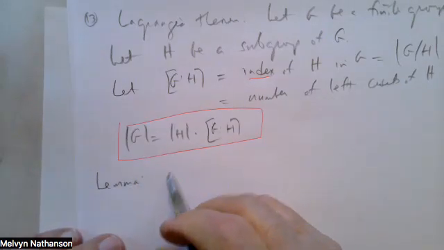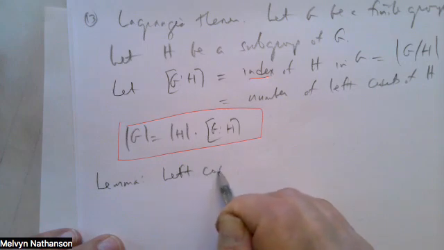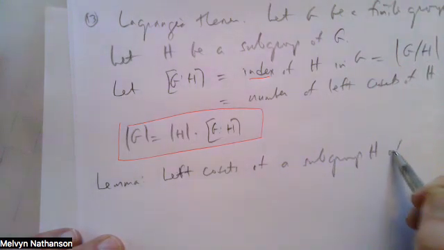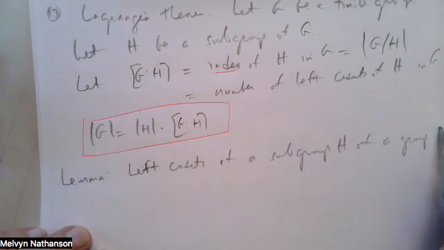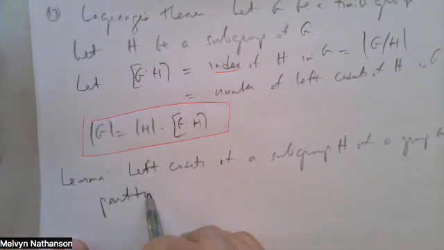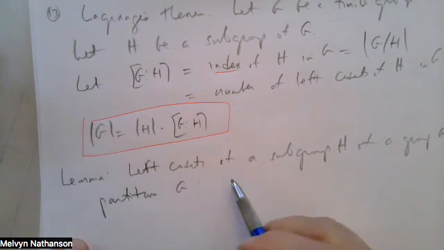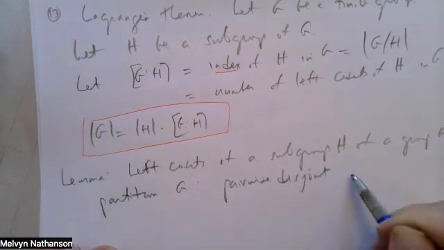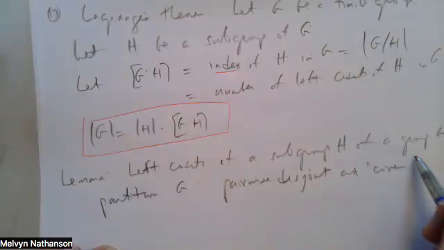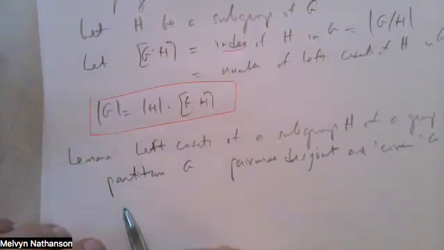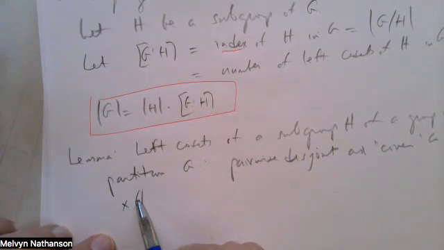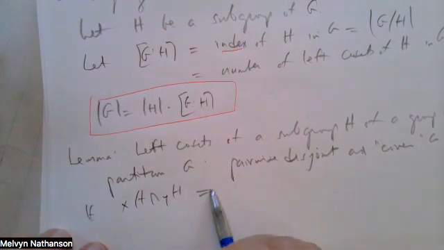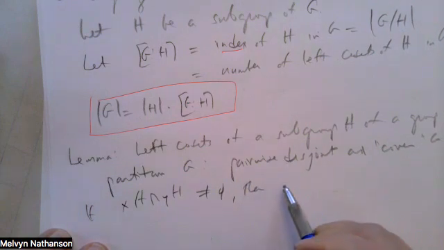The first lemma says that left cosets of a subgroup H of a group G partition the set G. That is, they are pairwise disjoint and cover G. This means that if you take two cosets, xH and yH, and the intersection is not empty, then in fact these two sets are the same.